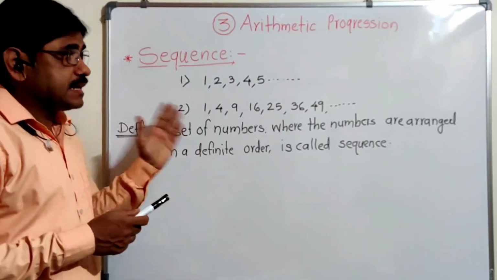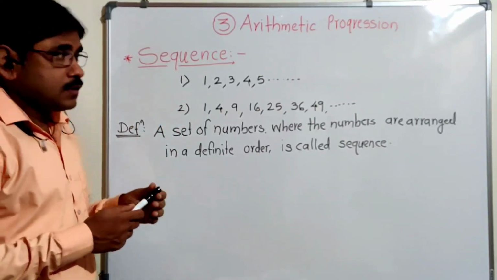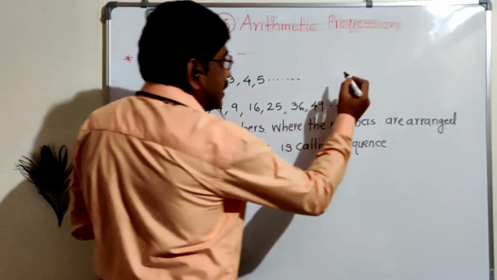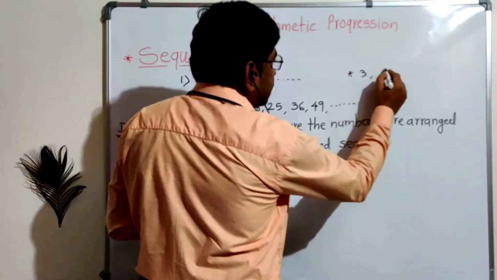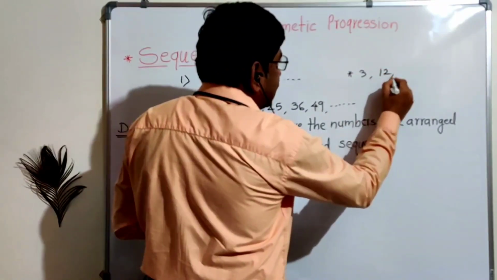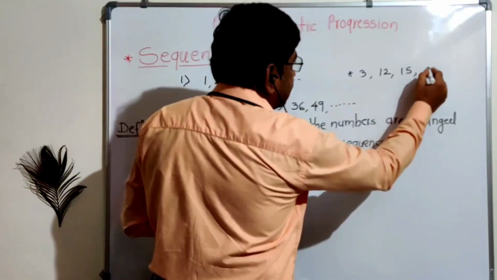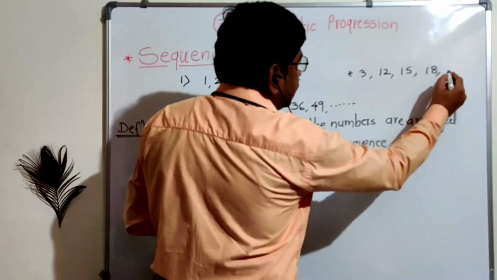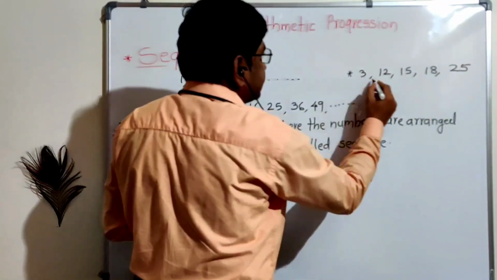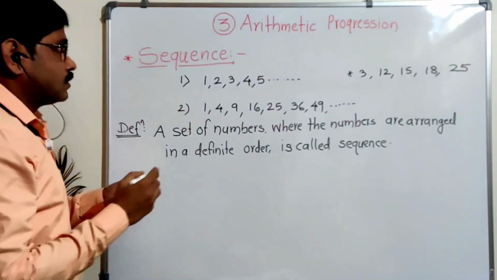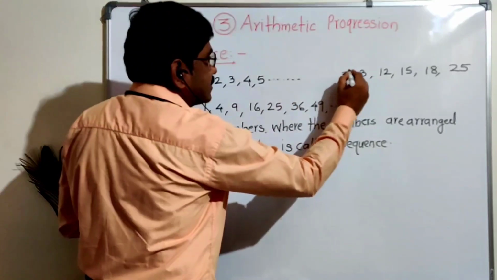Which series is a sequence? One example I am writing here: 3, 12, 15, 18, 25, like this. Suppose this is the third example.